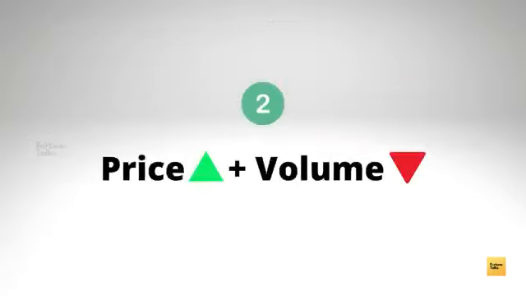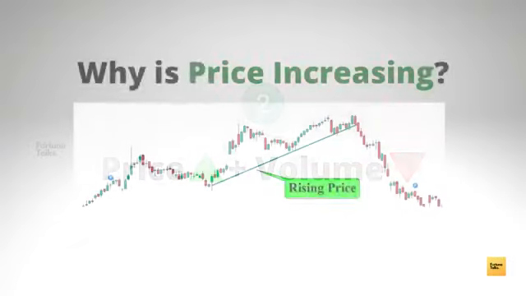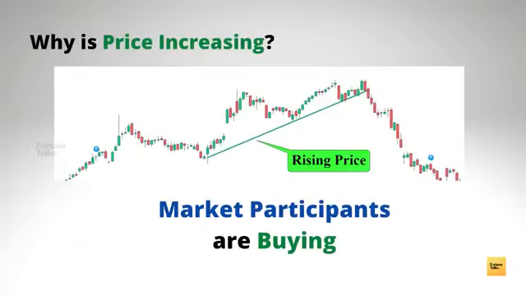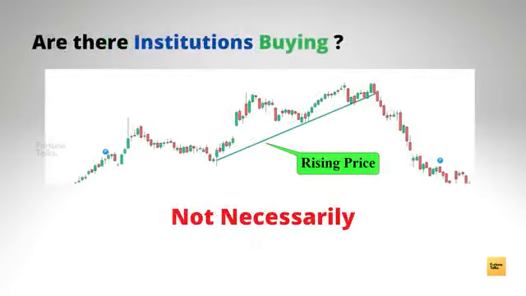Moving on to the second case, what do you think will happen when the price increases but the volume decreases? Think about the situation in the following terms. Number one, why is the price increasing? Simple answer, because the market participants are buying. Easy, right? Are there any institutional buyers associated with this rise in price?